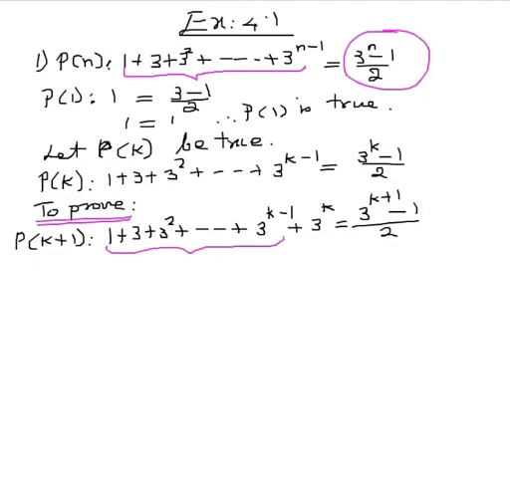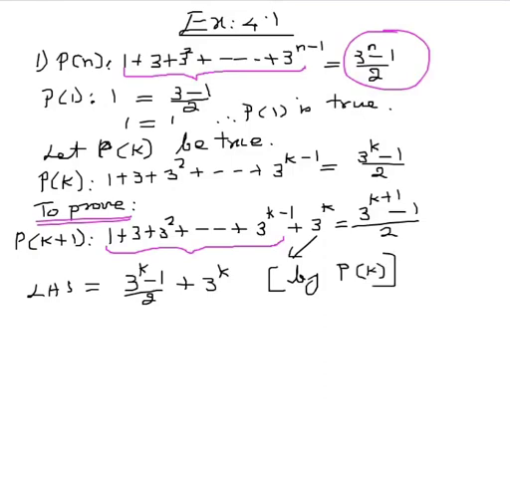Now for the first k terms, we know the total. So LHS is equal to (3^k - 1)/2, and this term I have to write, which is 3^k. This step is using P(k). I'll write by P(k), which is equal to, take LCM 2.